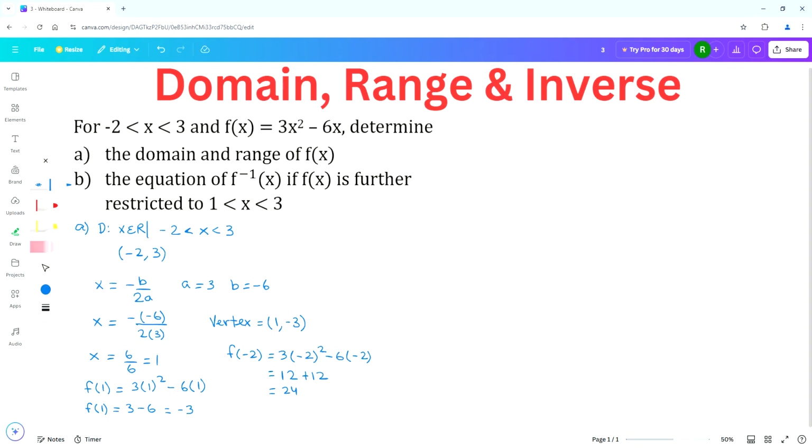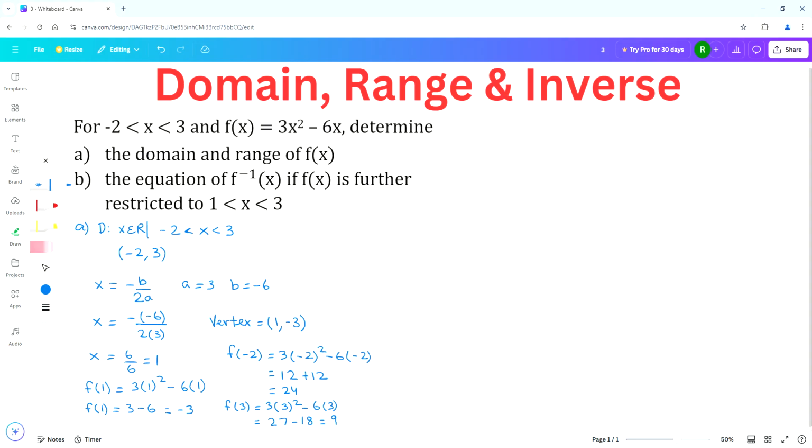I get 24. Next we can sub in x as 3. Three squared is 9. 3 times 9 is 27. I get 9.